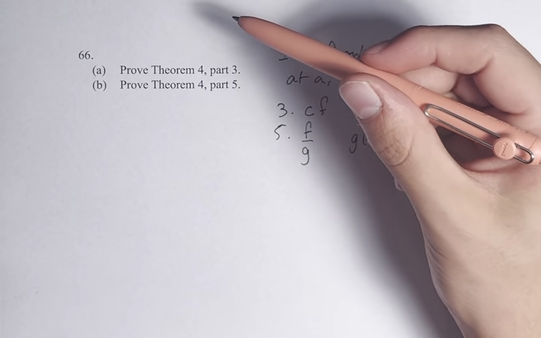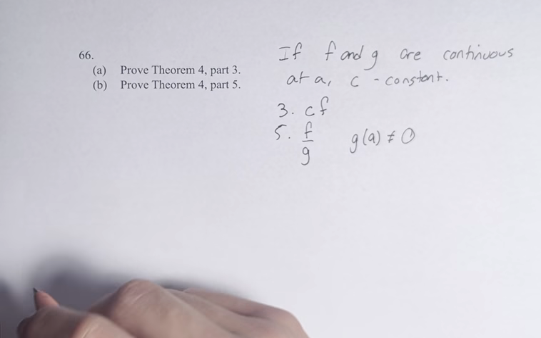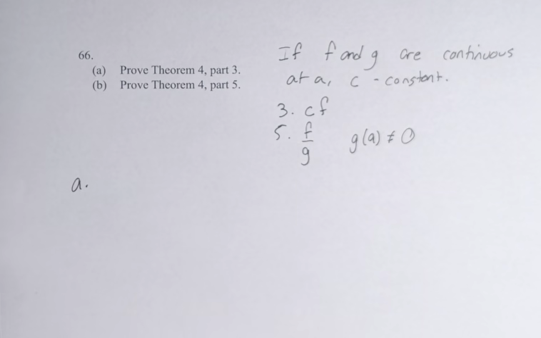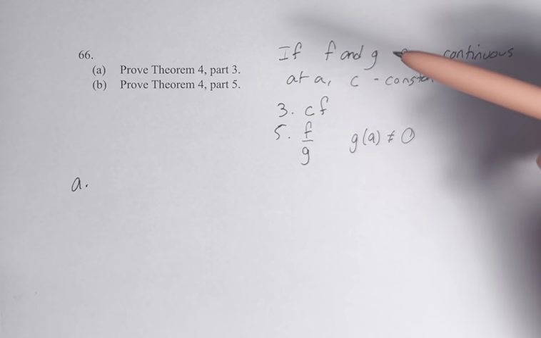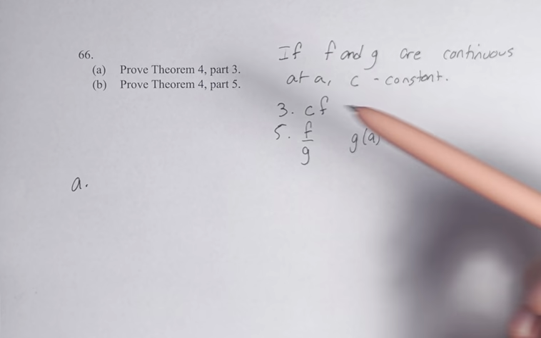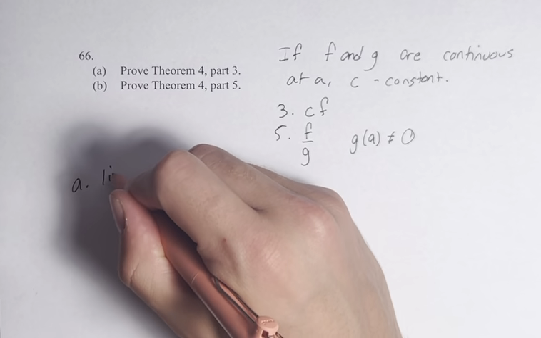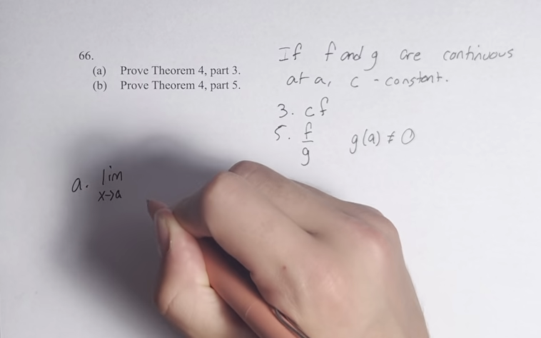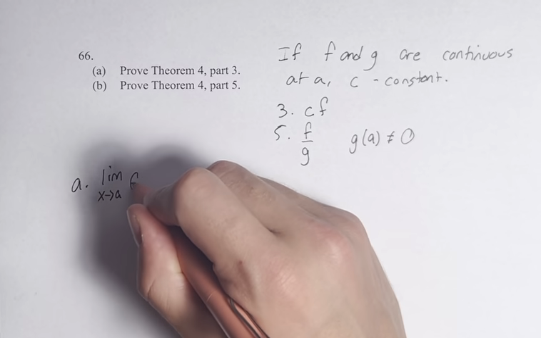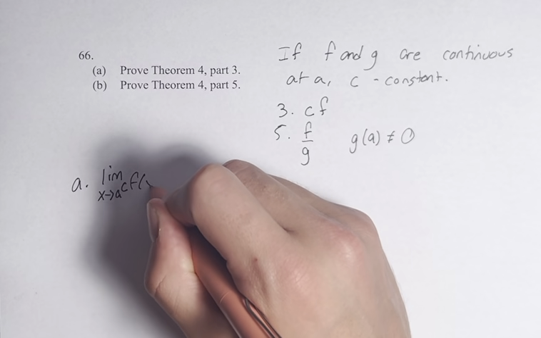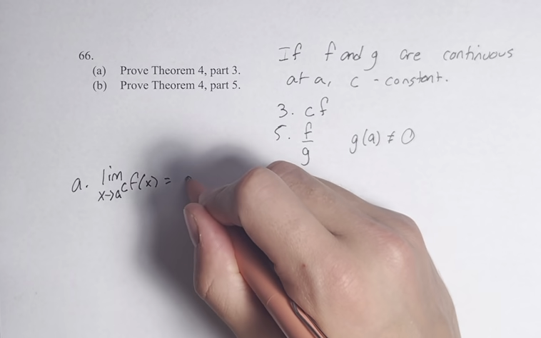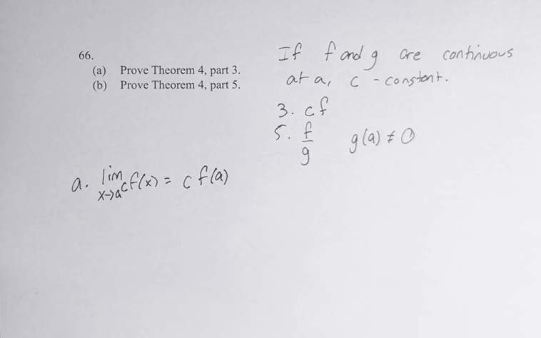So starting with part 3, we want cf to be continuous at a. What does that mean? That means that the limit as x approaches a of cf of x is equal to cf of a.